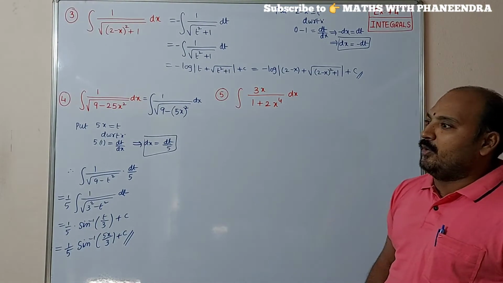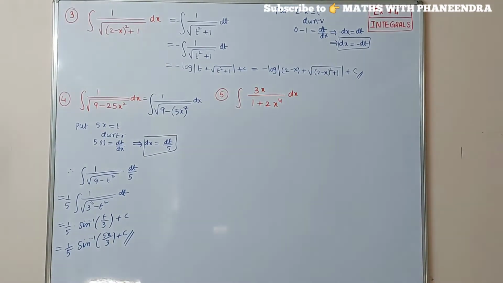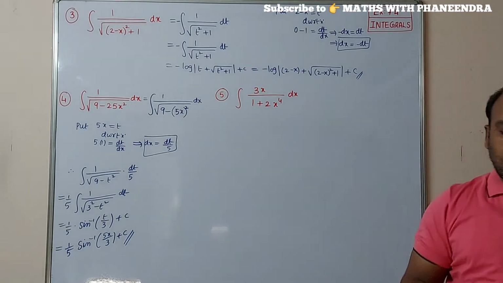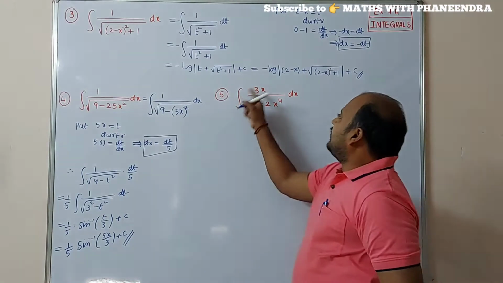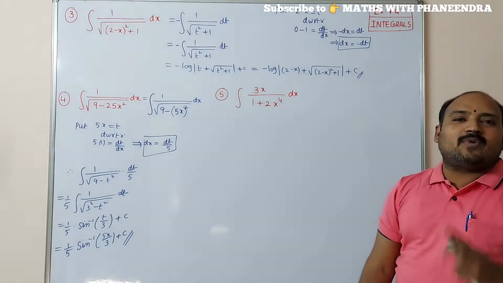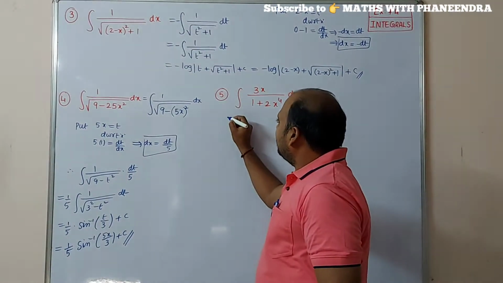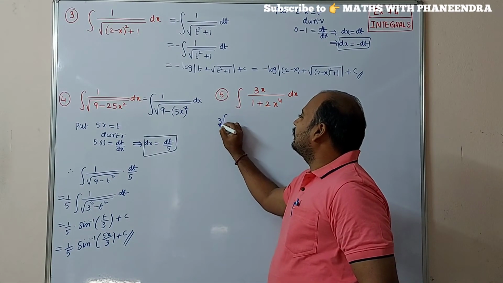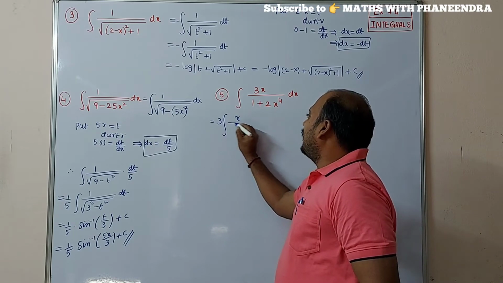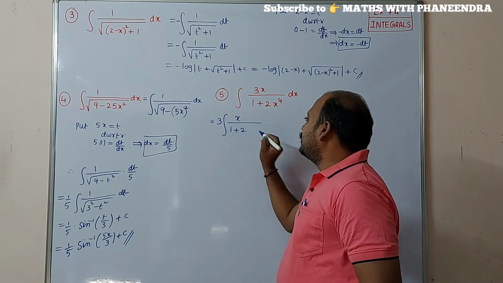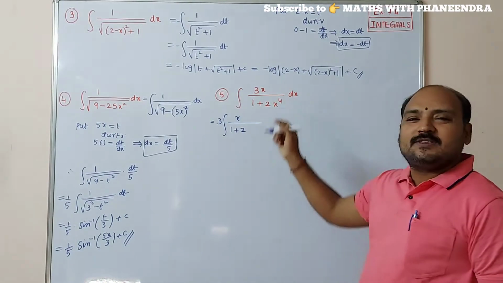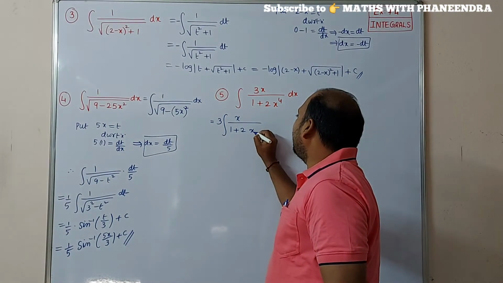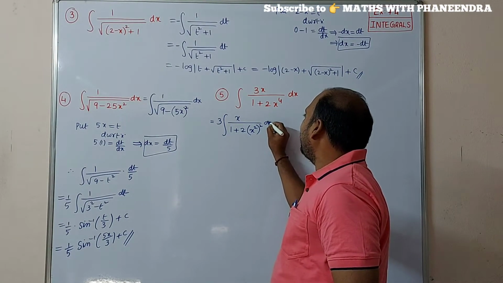In question number 5, integral 3x by 1 plus 2x power 4 dx. See here, integral 3 constant you can take outside, x by 1 plus 2 into x power 4 is there, no? x power 4 can be written as x square whole square into dx.